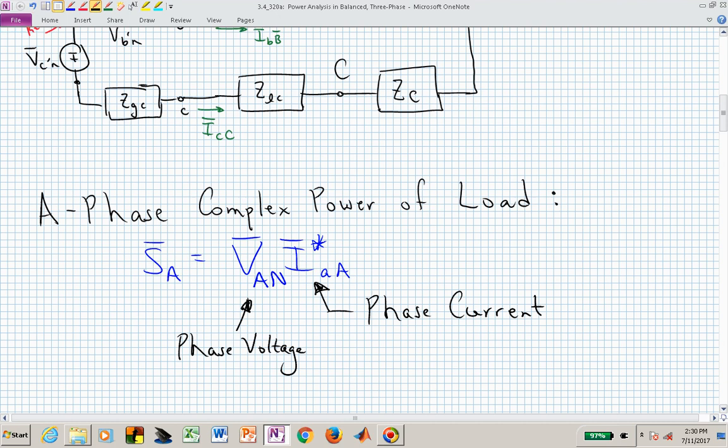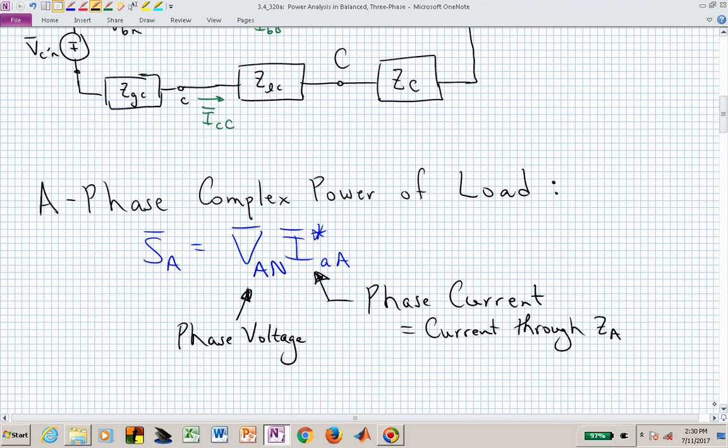The phase current is the current through Z sub A. The A phase voltage is the voltage drop across Z sub A. That's the phase voltage.